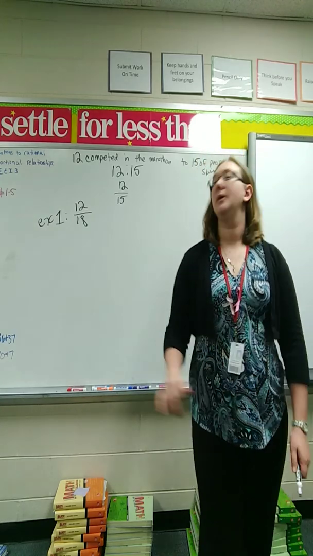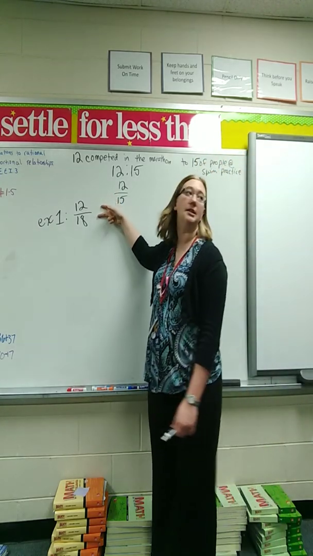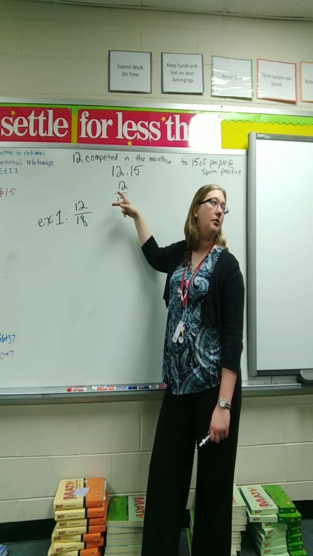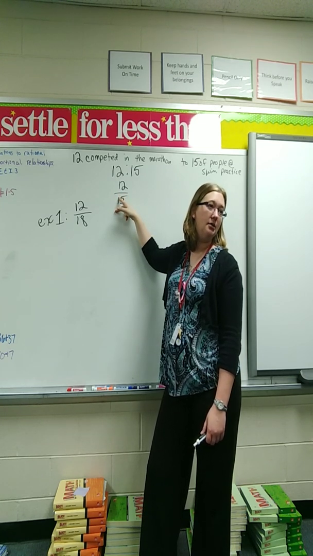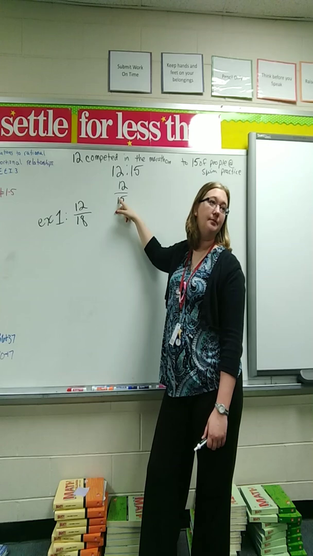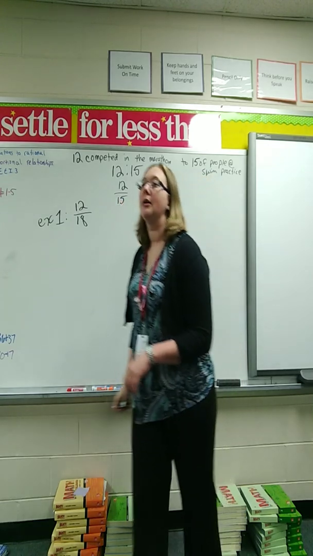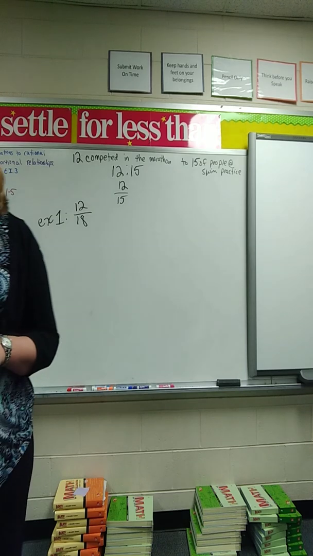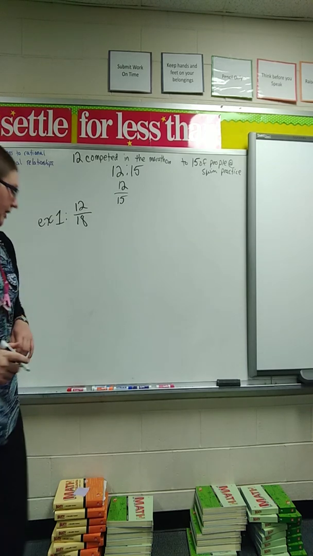So should we have a fraction that simplifies to 1 whole? No. We should have a proper fraction, correct? Do we have a proper fraction? Yeah, great. How do I simplify 12/18ths? I can start by dividing each by 2.